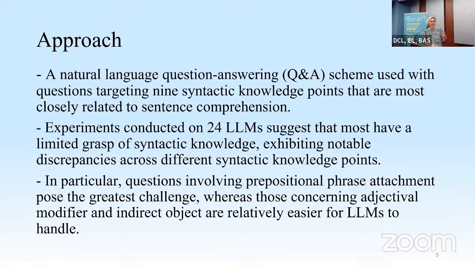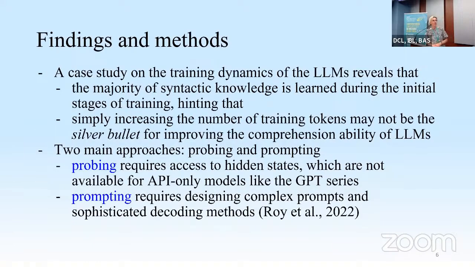Whereas the adjectival modifiers in direct objects are relatively easier for these models. Okay, again, their findings and methods. They did a case study on the training dynamics of these models, and it reveals that the majority of syntactic knowledge is learned during the initial stages of training.